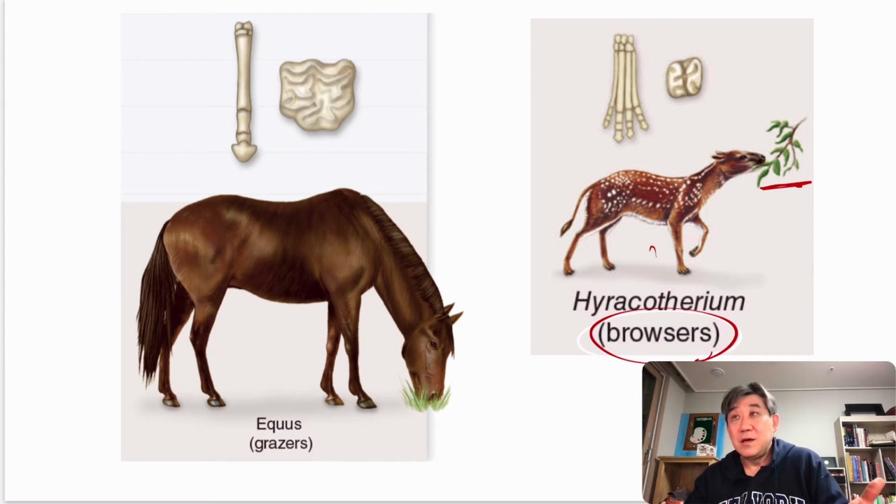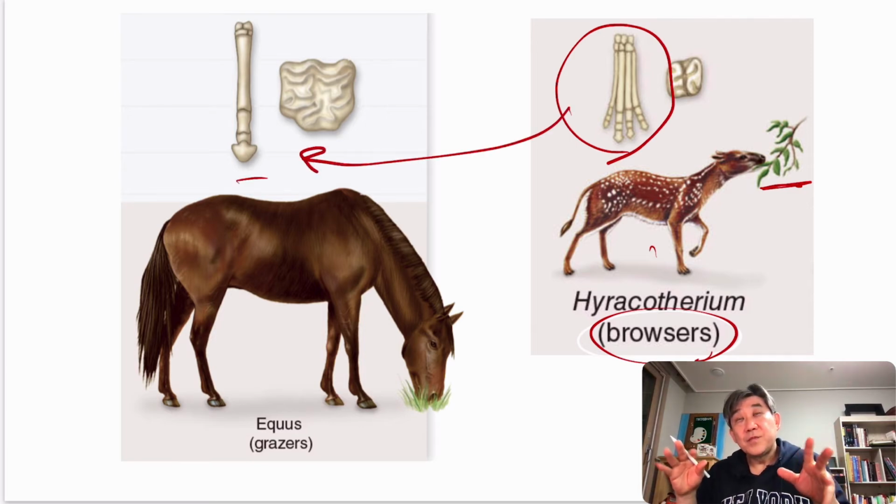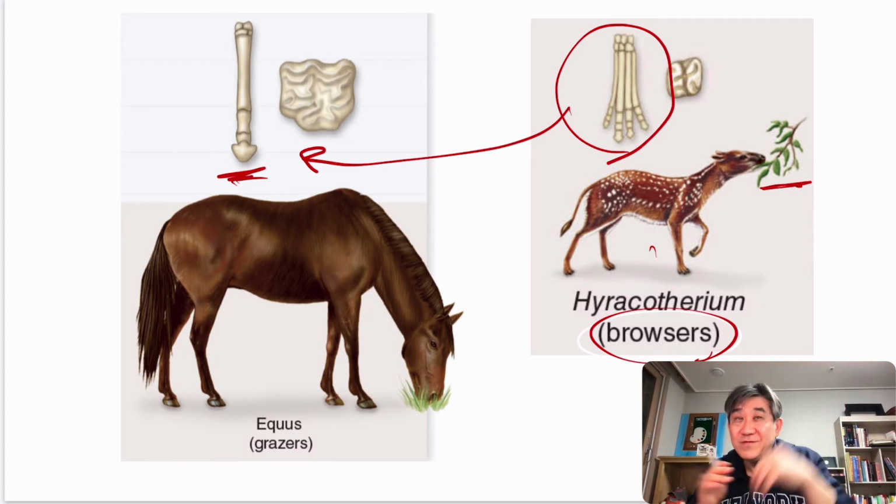Then what? Then only those who had some genetic diversity could quickly make this transition. One transition is this to that. Why this? The 4-fingered toe would have been changed into one fused hoof toe.